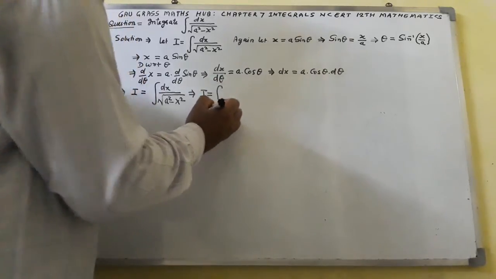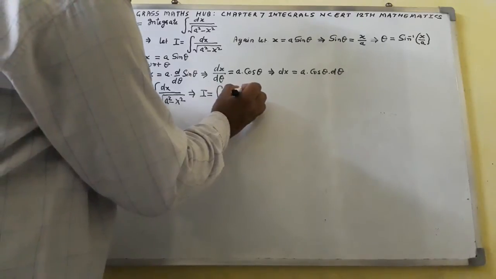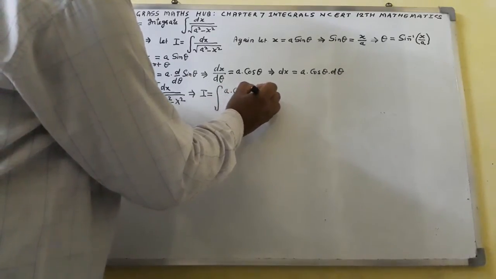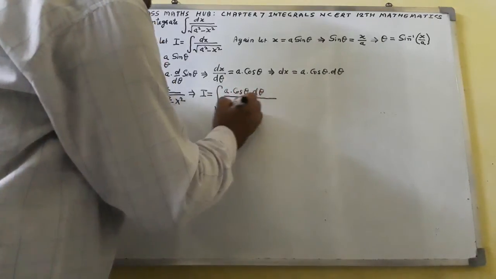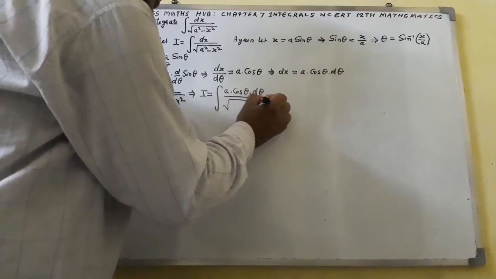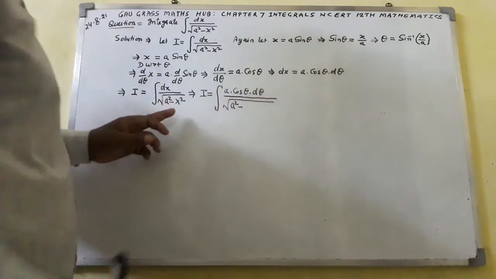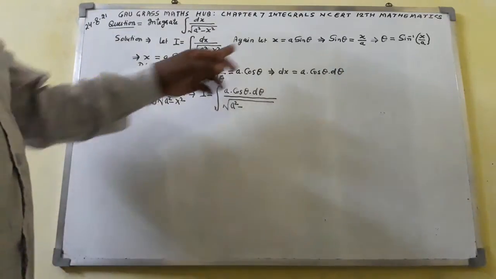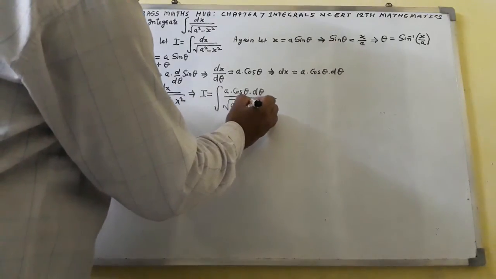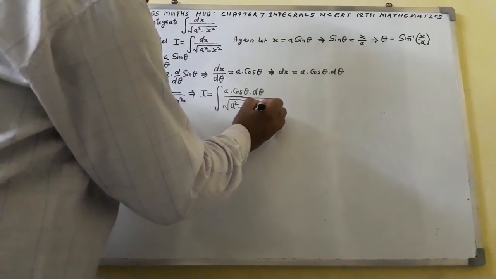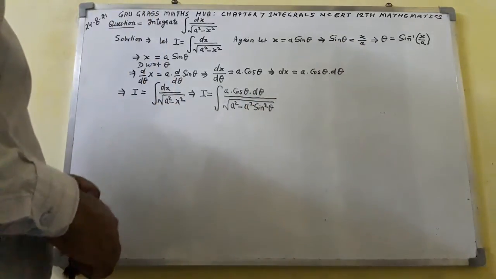In place of dx I shall write a cos theta d theta, whole over under root a square minus, in place of x I shall write a sin theta, which comes out to be a square sin square theta. This we have got.